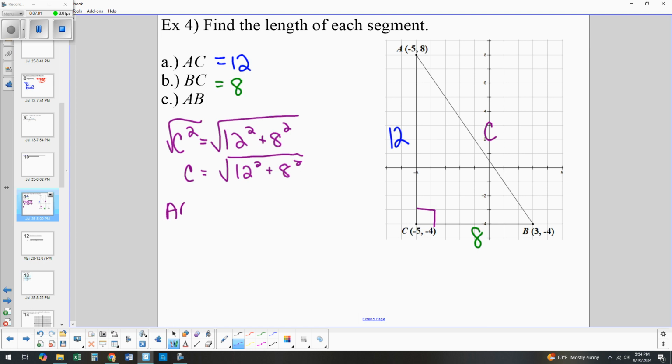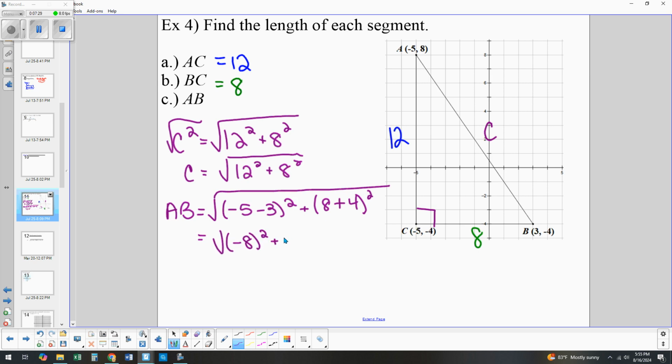So I'm going to say AB equals, and I'm going to take x sub 1 minus x sub 2, or x sub 2 minus x sub 1. So we're going to have the -5 and the 3. And the y's, 8 minus -4. Minus a negative really becomes plus. So here we have -8 squared and positive 12 squared, which you'll notice if I square them will end up being the same as these were.